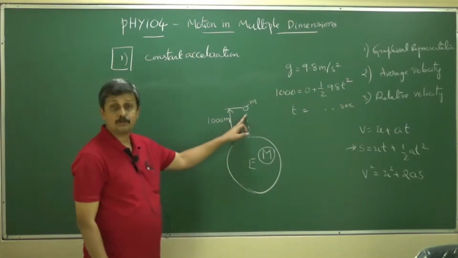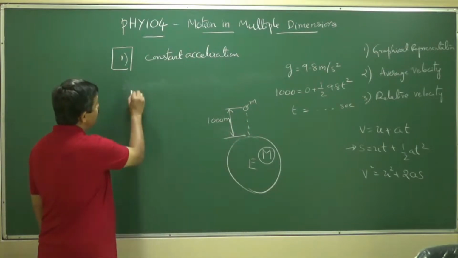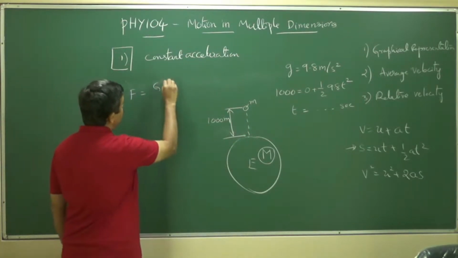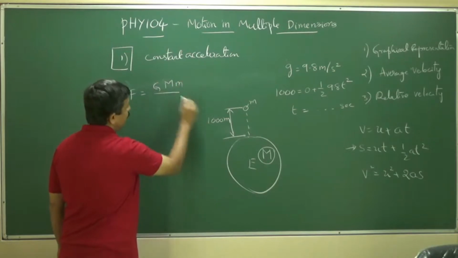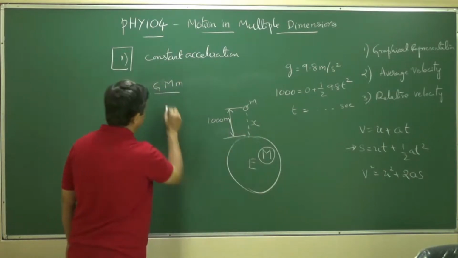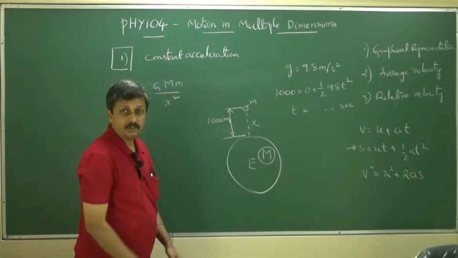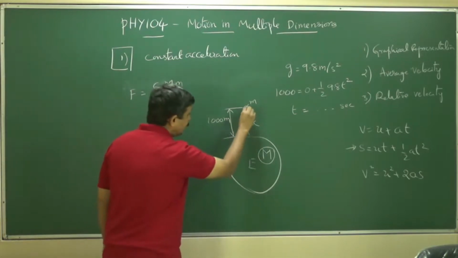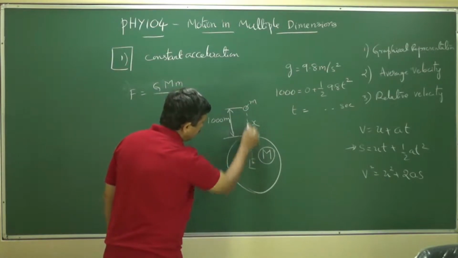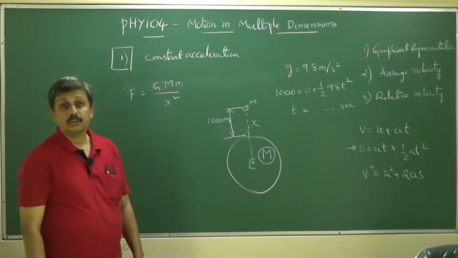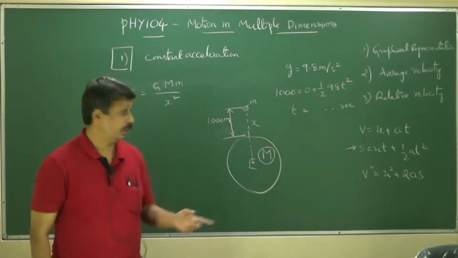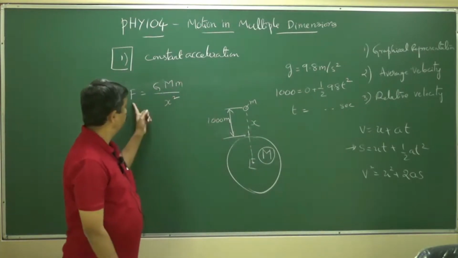So the force on this small body is F equal to G into capital M into small m divided by x square. I will call x the distance between the center of this body and the center of the Earth. This is the force.